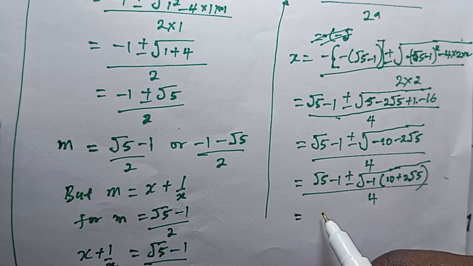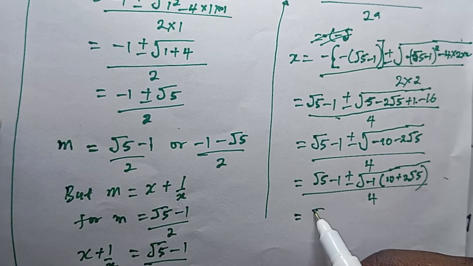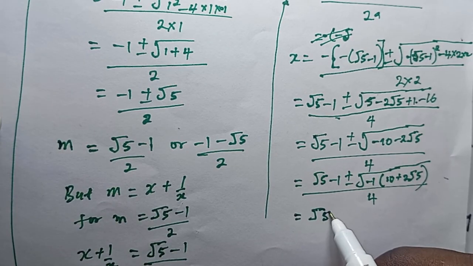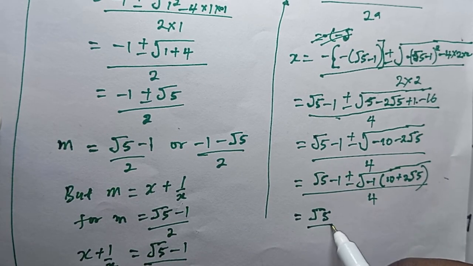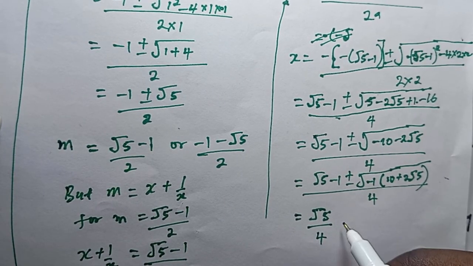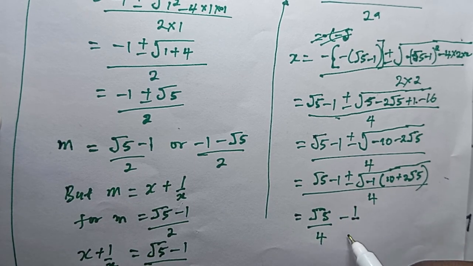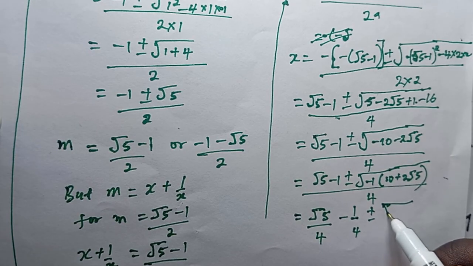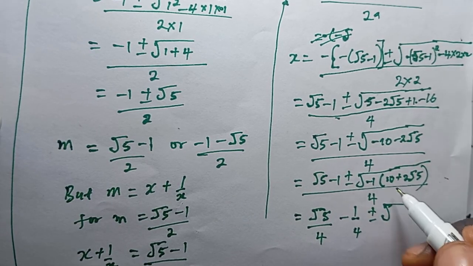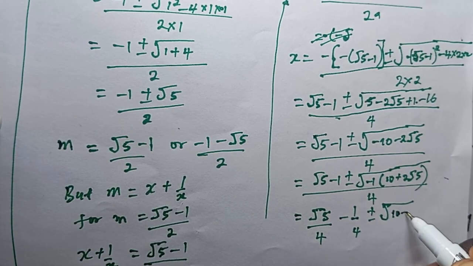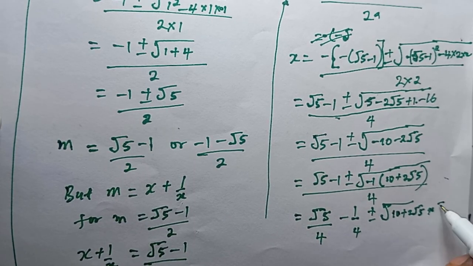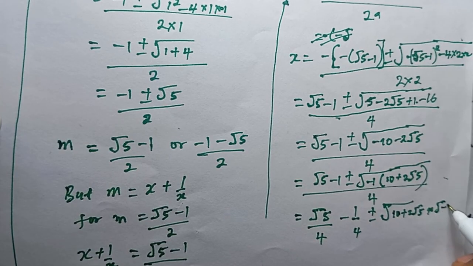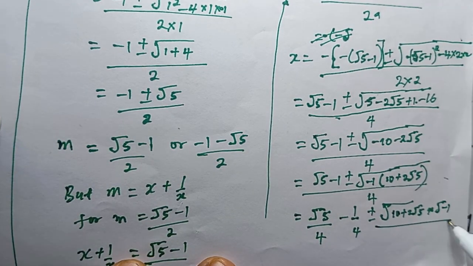So moving on, this will be equal to root 5 divided by 4, and then minus 1 divided by 4, then plus or minus root. So I can have root 10 plus 2 root 5 multiplied by root minus 1. So all of these will still be divided by 4.